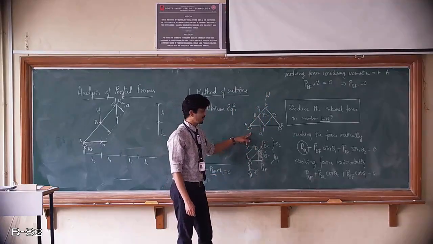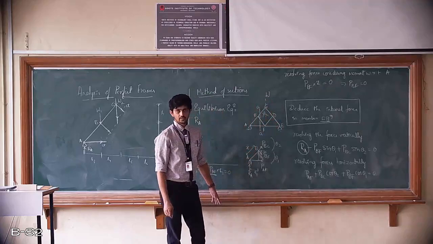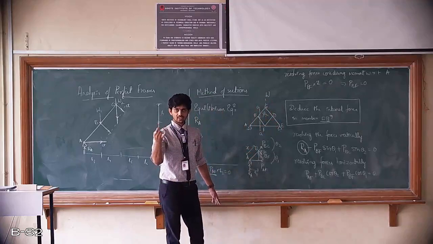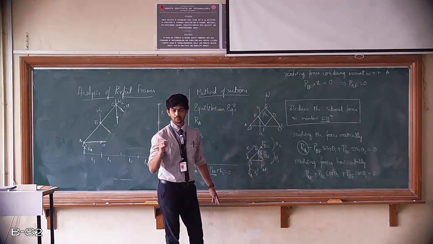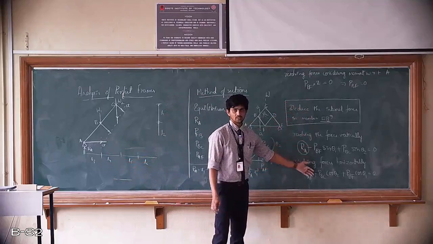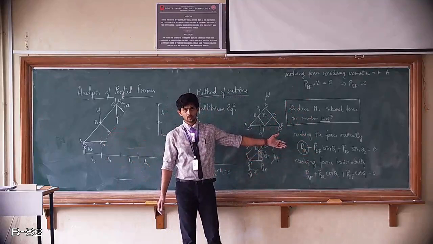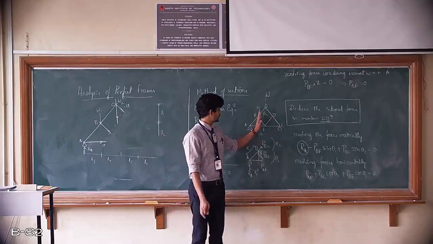You cannot have any section without any of the external loads. That is the first case. It has to cut 3 members maximum, not more than that. If it is more than that, these equations are not sufficient. The structure is going to be indeterminate, which cannot be resolved using equilibrium equations. So choose a section which can cut maximum 3 members.